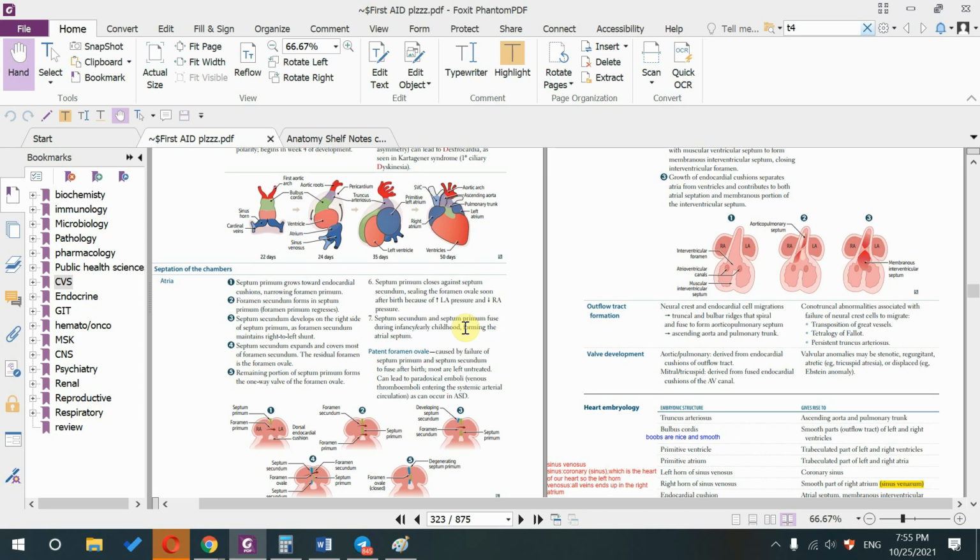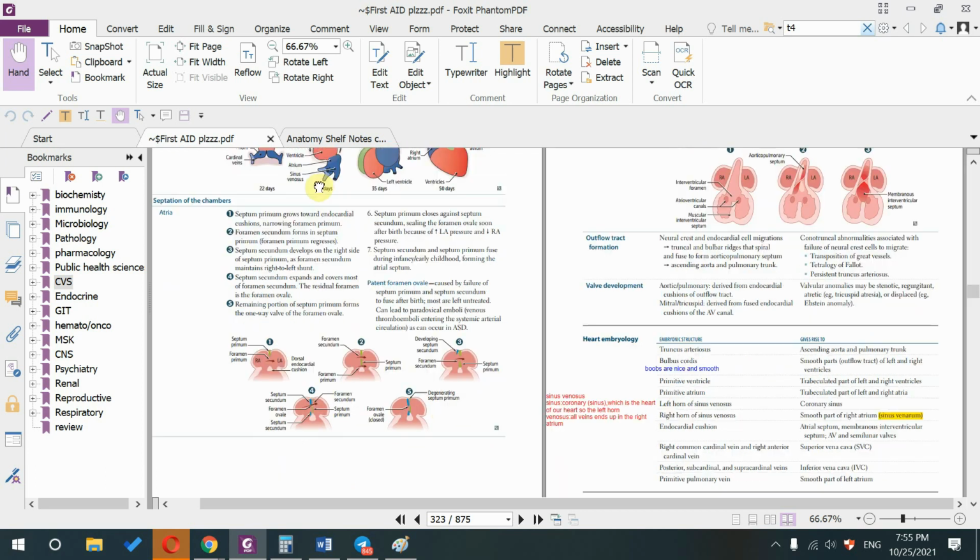These two areas originate from different parts. The bulbus cordis gives origin to the smooth area, while the trabeculated portion comes from the primitive ventricle, the one directly under it here in pink. So the primitive ventricle forms the trabeculated part of the left and right ventricle.